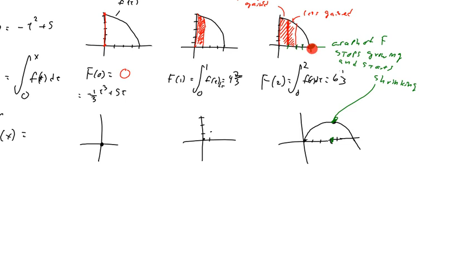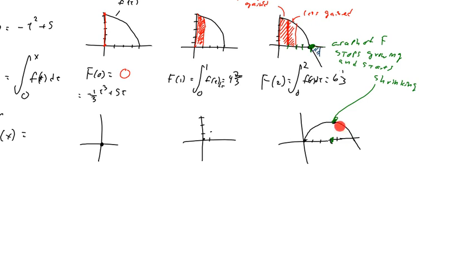And now if I keep going down here, I'm now losing area. All this area down here is going to be subtracted. So my graph is going to have to go down. My amount I've accumulated has shrunk because the graph is negative. I'm losing amounts of stuff, right?